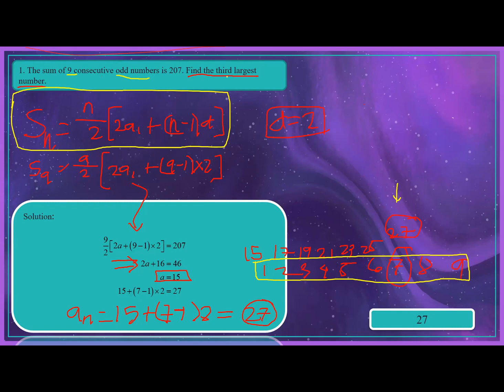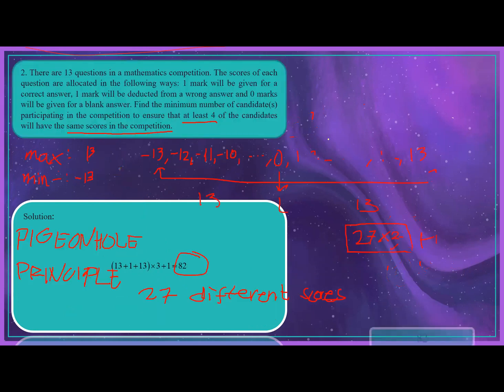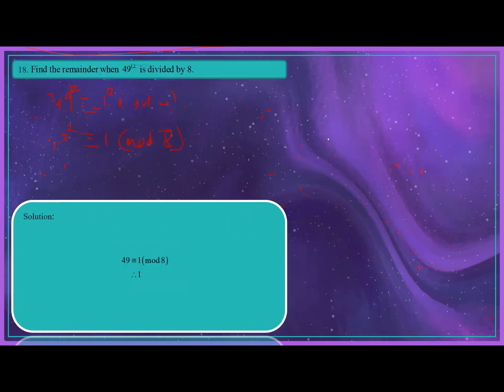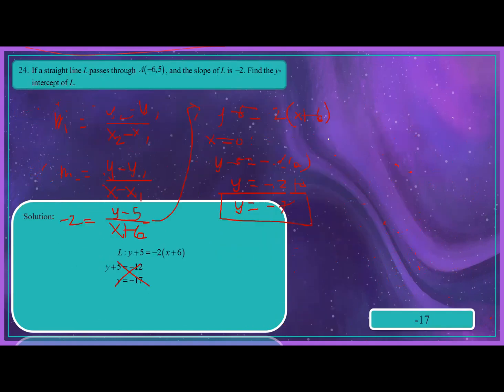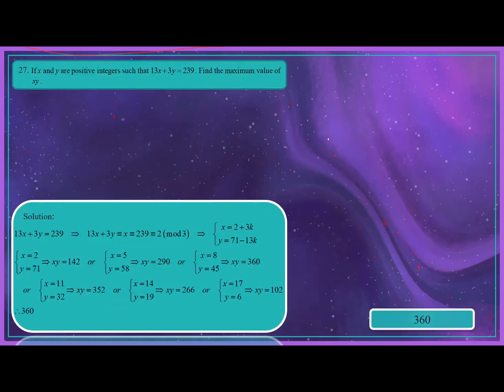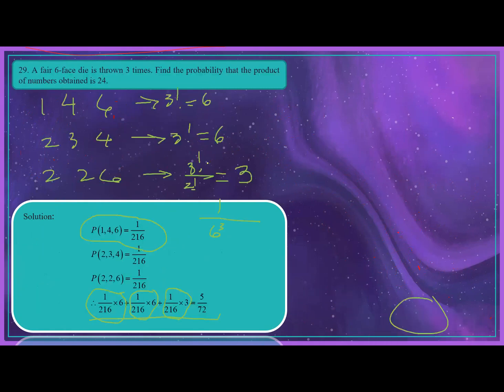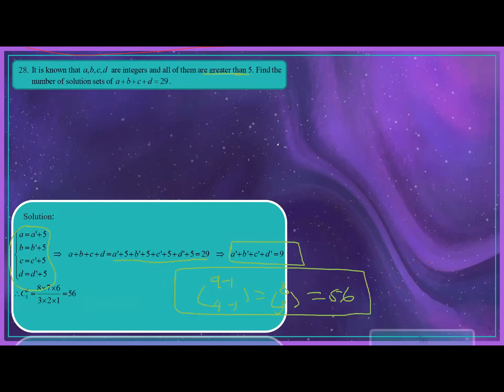Okay, for 28. Sir, for 20, shouldn't it be 4C2? 4C2. 4C4 then. 8C4. 8C4.